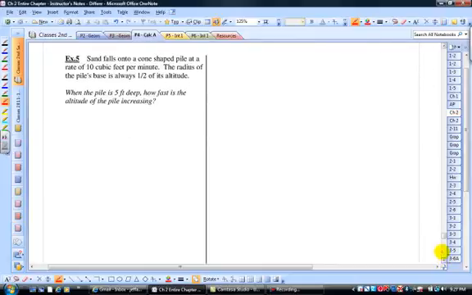Okay? Here's another situation, dealing with sand that falls into a conical shaped pile at the rate of 10 cubic feet per minute. All right, so let's draw a little picture here. It's a conical shaped pile.